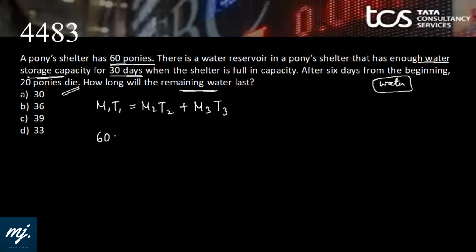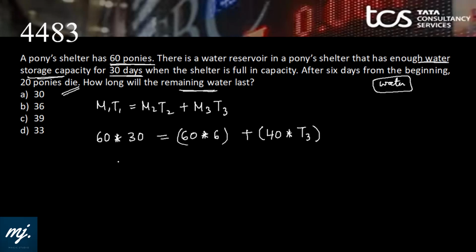Initially, we have 60 ponies who can use this water for 30 days. This total must be equal to 60 ponies who have enjoyed water for 6 days, and since 20 ponies died, we are left with only 40, and they will enjoy the remaining water for T3 days. Once we solve this, we can get the value for how long the remaining water is going to last for the remaining 40 ponies.